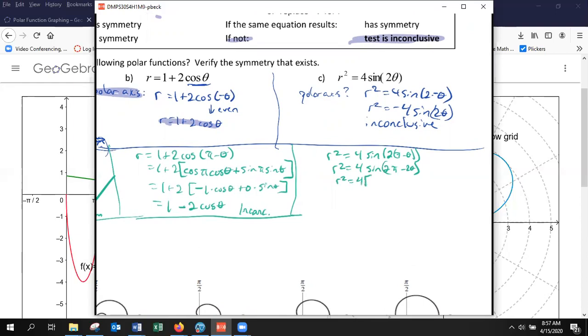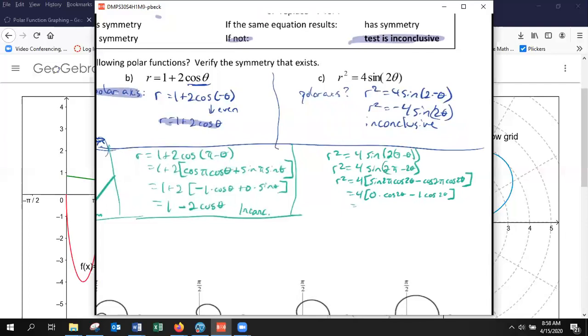So this is 4 times sine 2 pi cosine 2 theta minus, because sine keeps its signs, cosine 2 pi cosine 2 theta. Sine of 2 pi is 0, and cosine of 2 pi is 1.